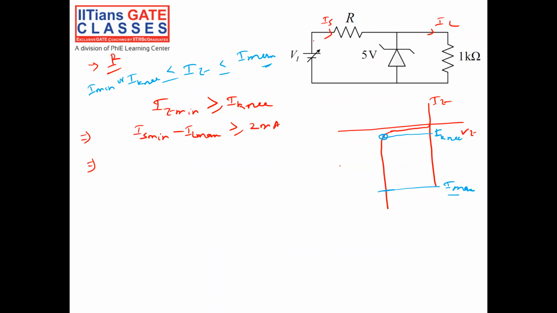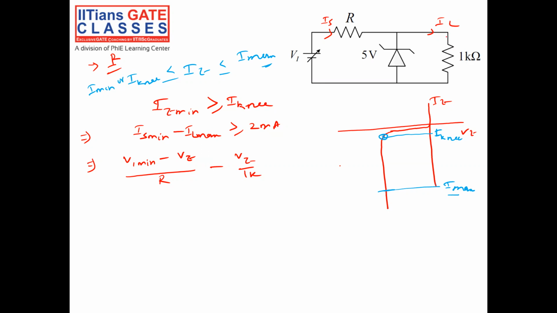What is the I source minimum? I source minimum is V1 minimum minus Vz by R, minus what is the IL maximum? Since the load is not varying, the load is constant, so IL max is equal to IL minimum, equal to IL nominal also.